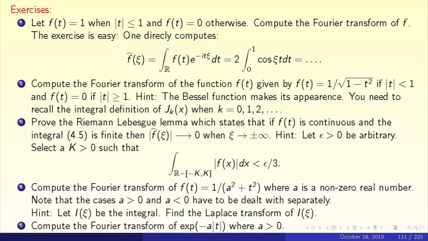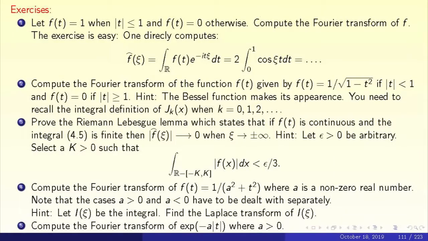So the analog of the Riemann-Lebesgue lemma is that when f is an absolutely integrable function on the real line, what happens to the Fourier transform? Mod f hat of χ goes to 0 as χ goes to plus or minus infinity. You should try this Riemann-Lebesgue lemma yourself. If you cannot do it, we shall come back to it and discuss this in detail.